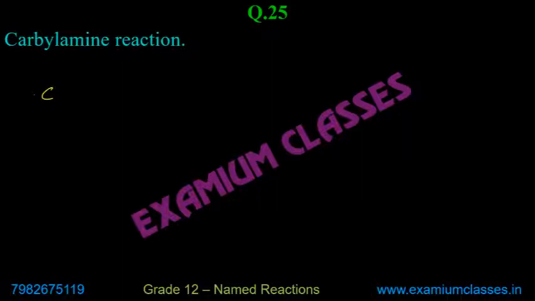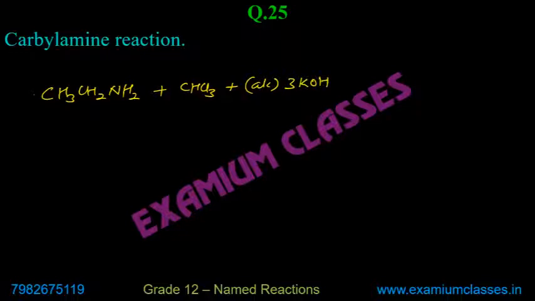Primary amines, you can take CH3CH2NH2, our favorite one, reacting with CHCl3 and alcoholic KOH. Remember, this is alcoholic.